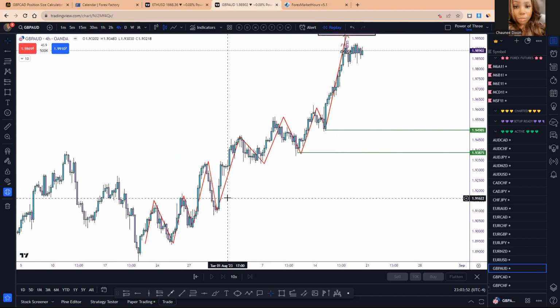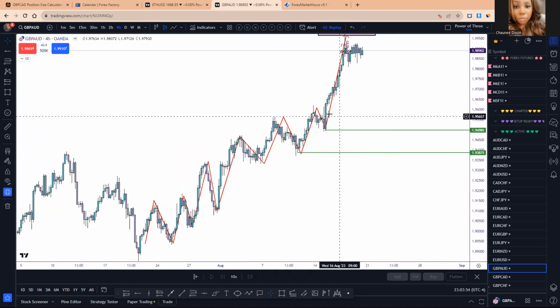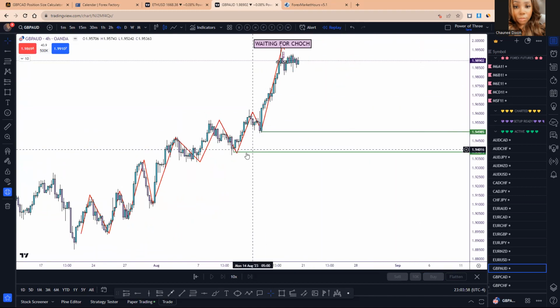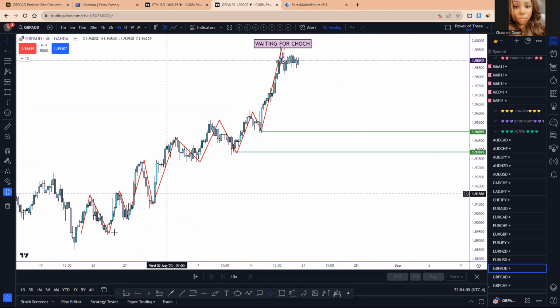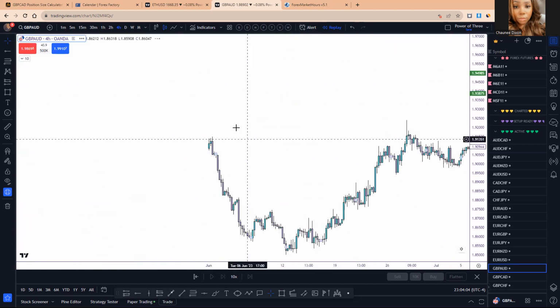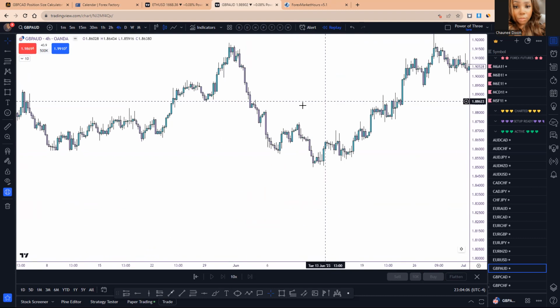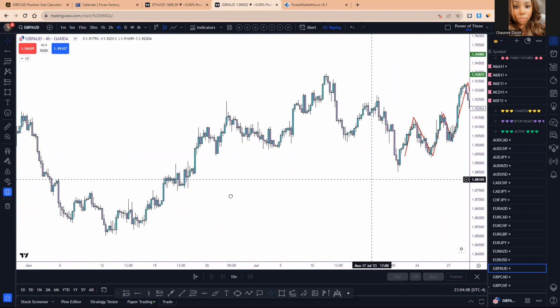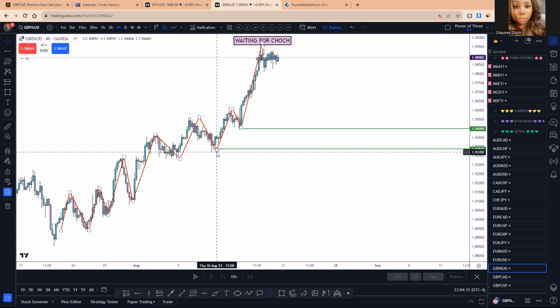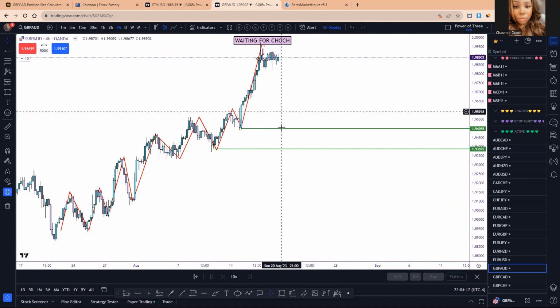Okay, so see how we are making higher lows and higher highs? The reason I only mark my lows in an uptrend, and vice versa, only mark my highs in a downtrend, is because your trend is not invalidated until price comes and breaks one of these lows. What is it called when it breaks this low?